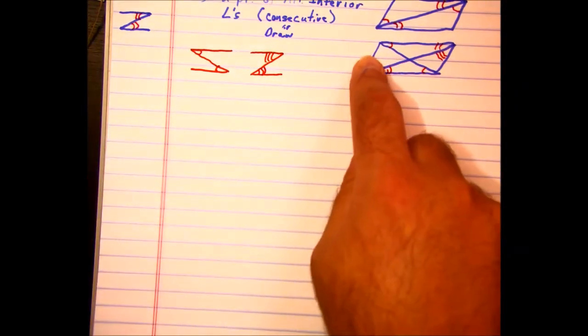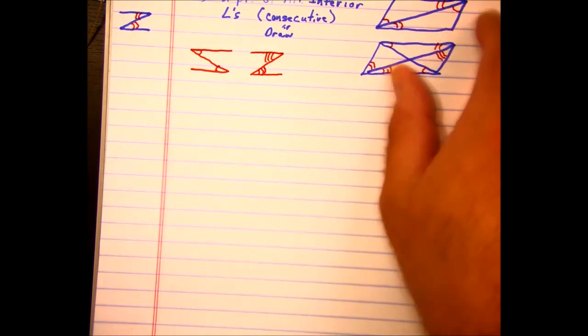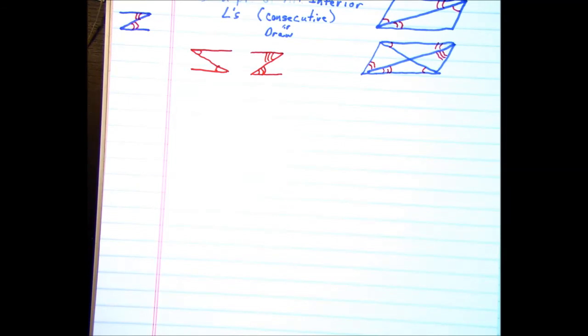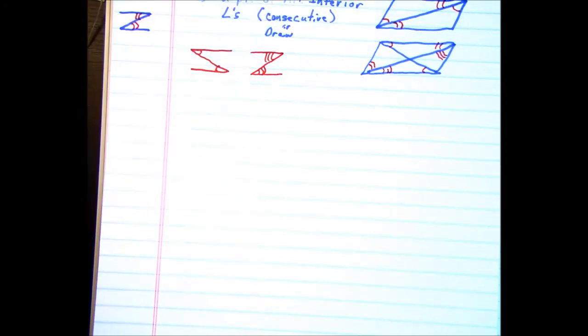Notice, they have to be in a place that makes two pairs of alternate interior angles so that the consecutive sides are parallel, right? So when you draw the Z's, it should have the two pairs of sides. This is the hardest one, and it's not seen that often, most likely on the EOC, but never anywhere else. All right?